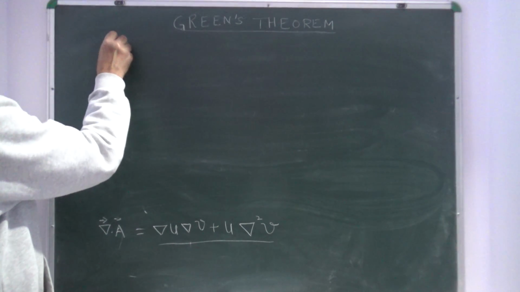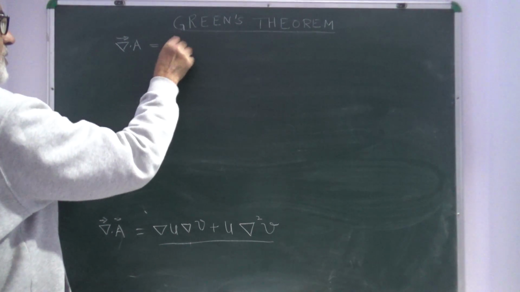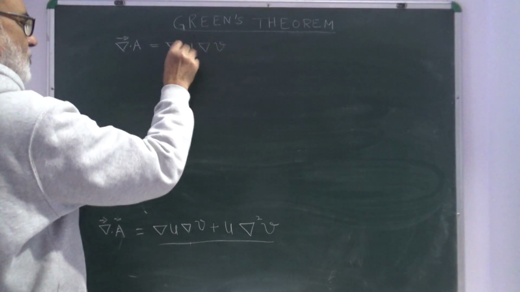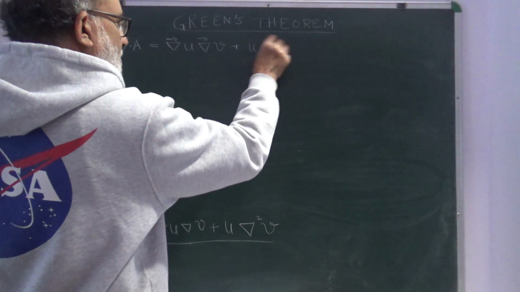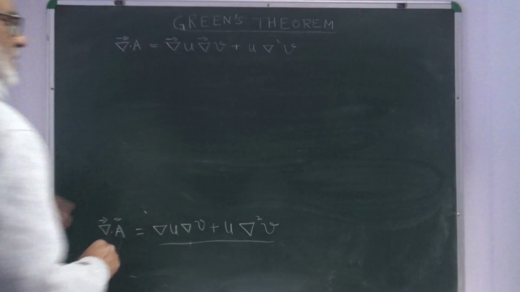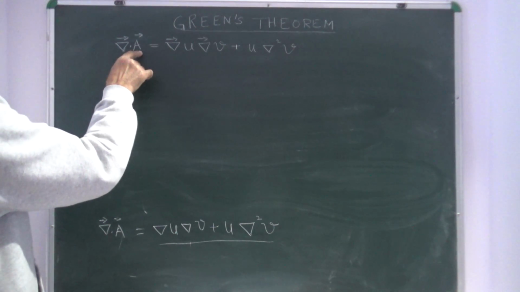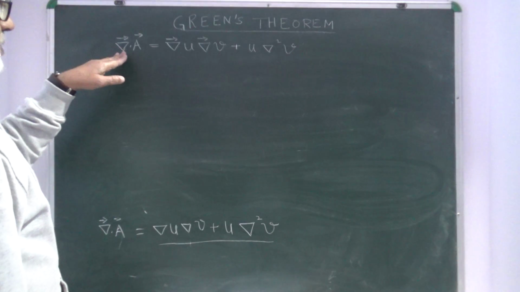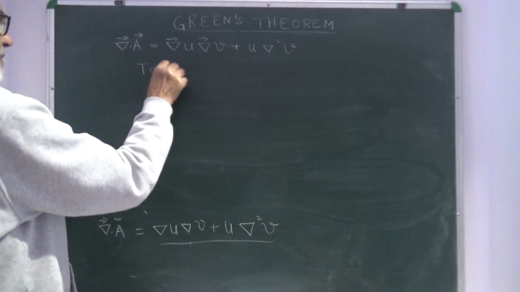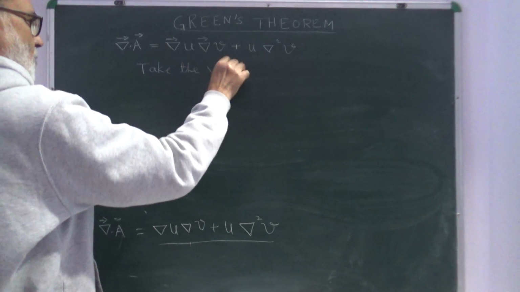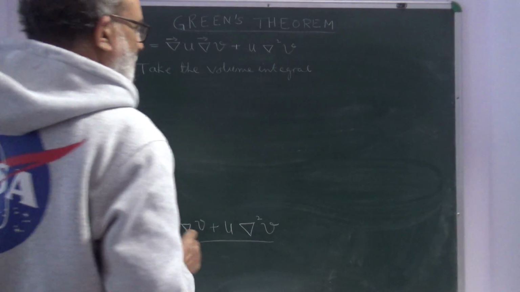So this is the divergence of A, equal to del u dot del v plus u times del square v. This is the divergence of the vector field A. Now take the volume integral of this divergence, the volume integral of the above equation.